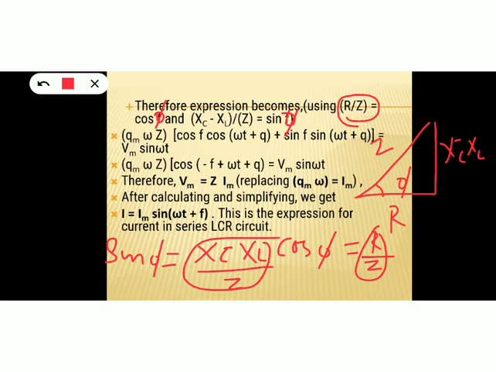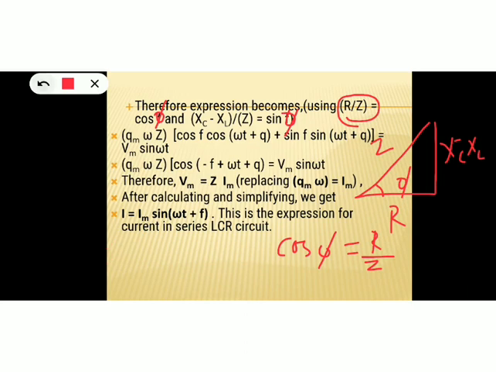Whenever you substitute those expressions you will get qm ω Z into [cos φ cos(ωt + θ) plus sin φ sin(ωt + θ)] equal to Vm sin ωt.